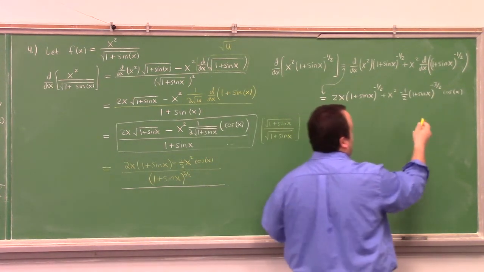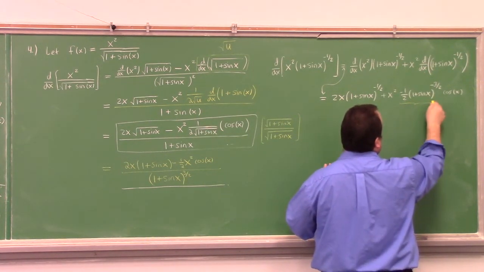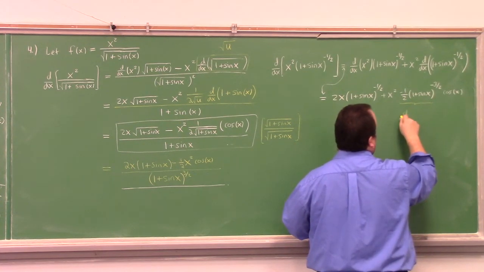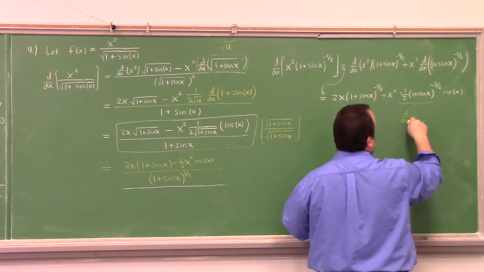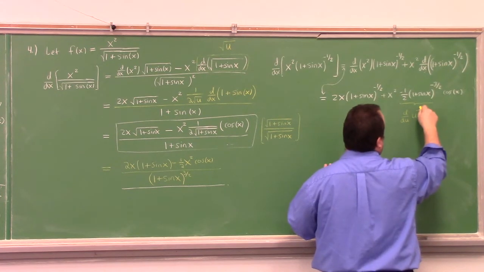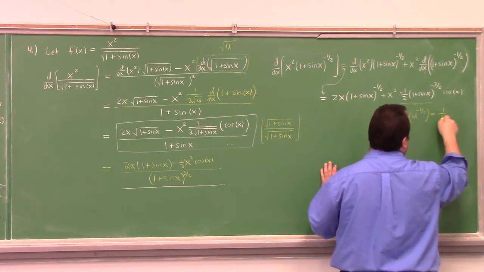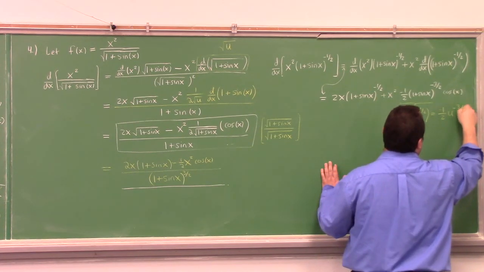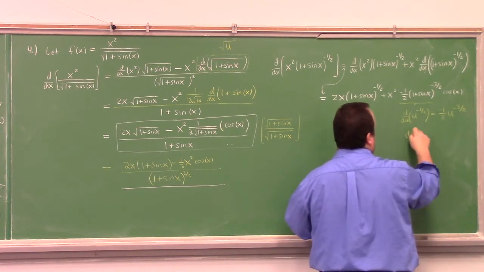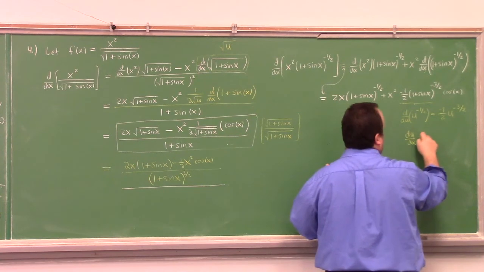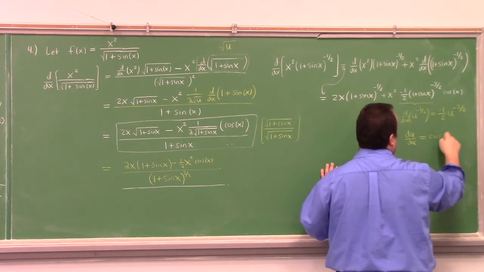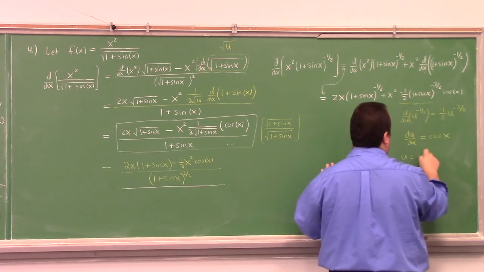Let me explain what I just did. This is d/du of u to the minus 1/2, which is minus 1/2 u to the minus 3/2, right? And du/dx is cosine x, where u is equal to 1 plus sine x.